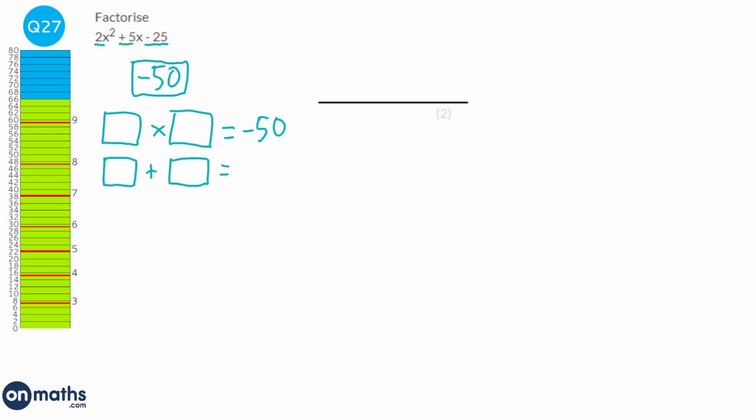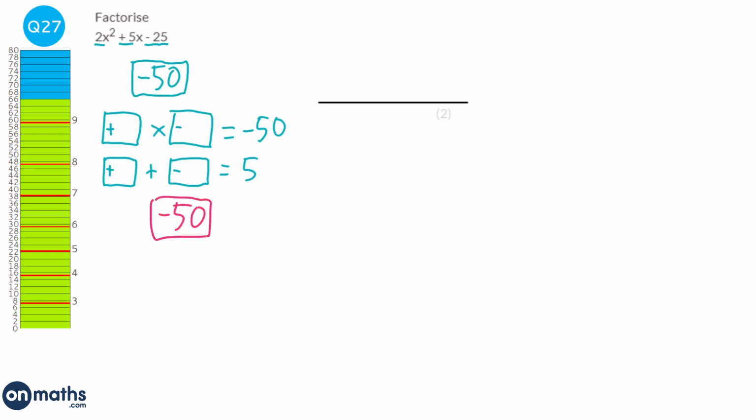So, looking at the fact that they add together to make a positive, well, any numbers that times together and end up with a negative are going to be different signs. So we know one of them is a positive and one of them is a negative. And so what I'm going to do is write down all the factors of minus 50 that are different signs.